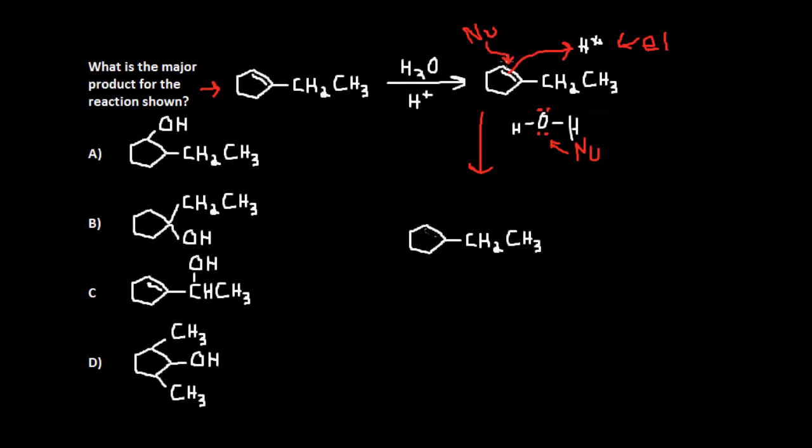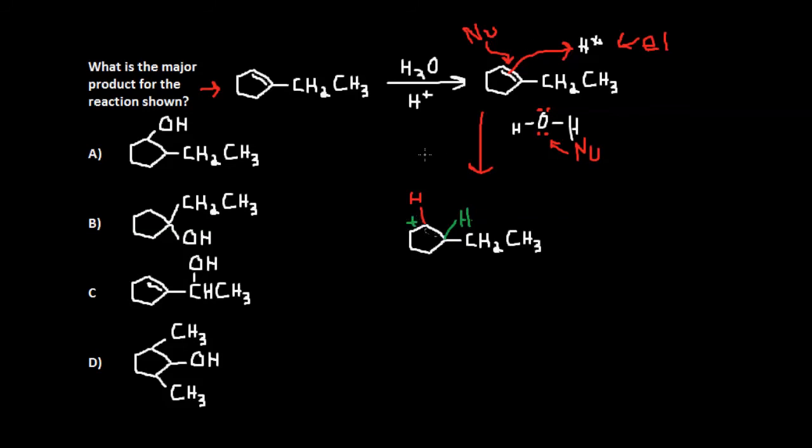So this H, you can either add H here, or you can add an H over here. Could go either way, right? And so if you added H here to this guy, then you'd end up with positive charge over here.